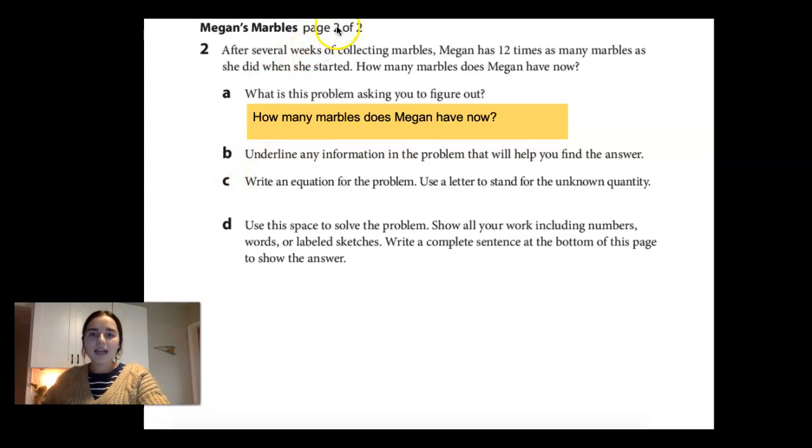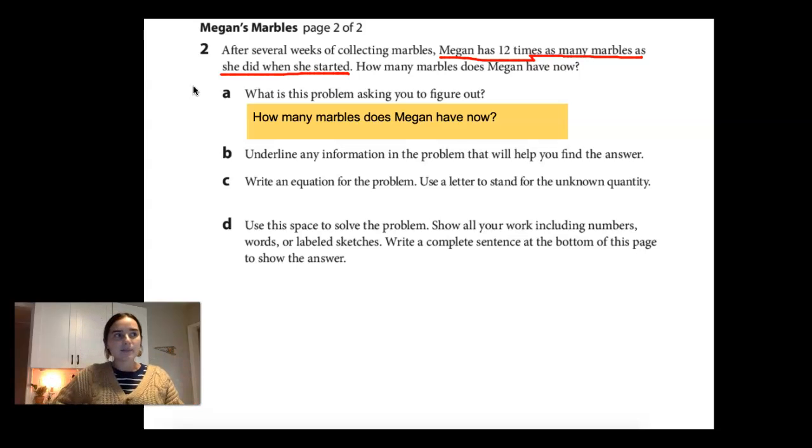B, underline any information in the problem that will help you find the answer. Let's take a look. Megan has 12 times as many marbles as she did when she started. Does anyone remember how many she had when she started on the last page? She had 14. So now we know she has 12 times as many as 14.